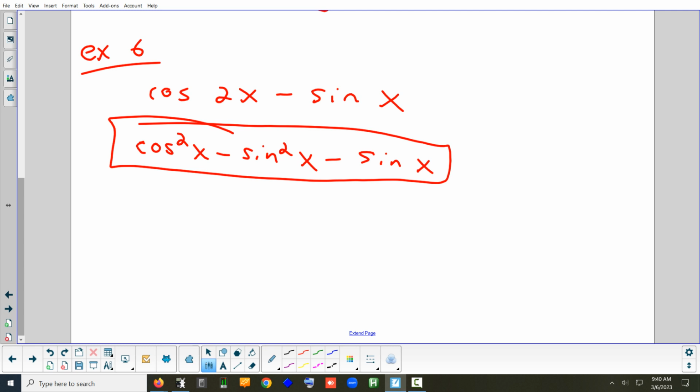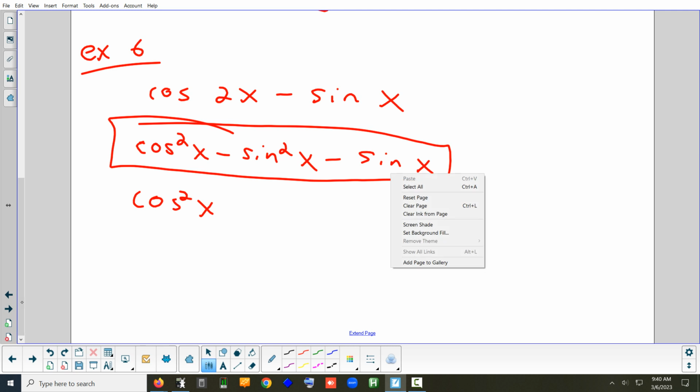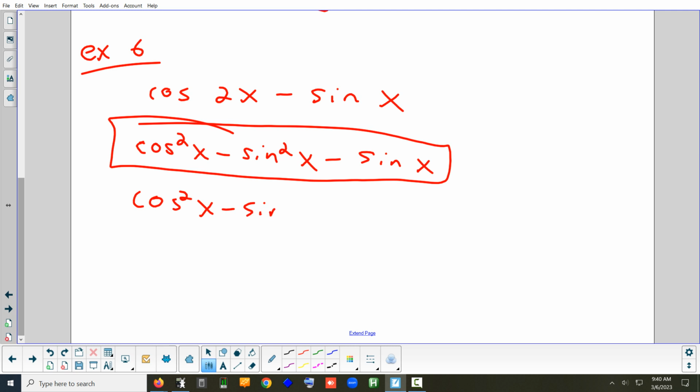Any questions? Yeah. Can you factor that out at all? You could. You can't factor something out of all of them, but these two have a sine in common. So you could do something like this. We could factor out one sine from here and one sine from here. I can even factor the negative out with it.